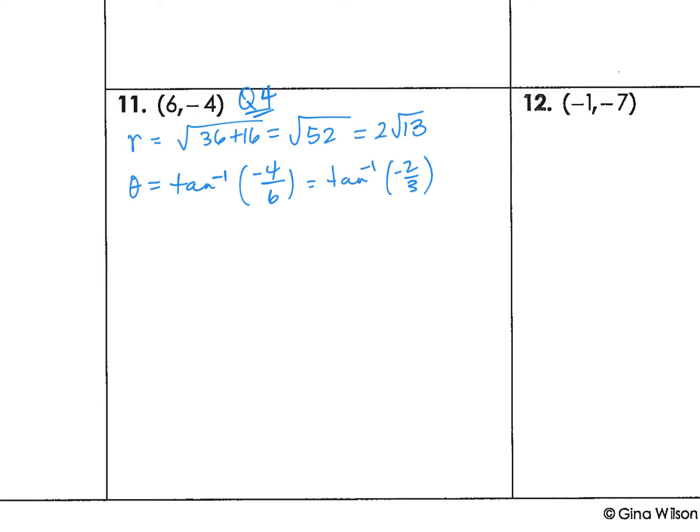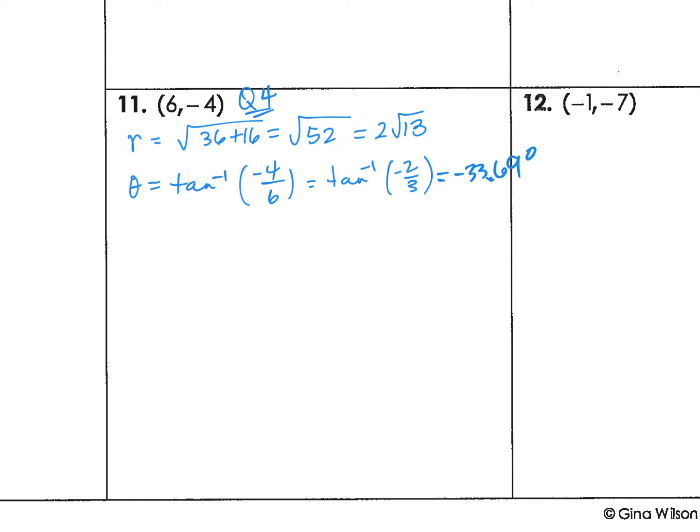I get negative 33.69 degrees. How do you convert to degrees? You change your mode to degree mode. Yeah, I got that. And then just put it in. Okay. So this is negative 33.69 degrees, but we don't leave it as negative, do we?